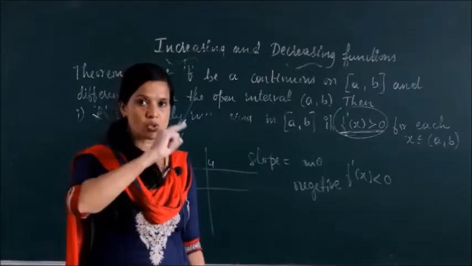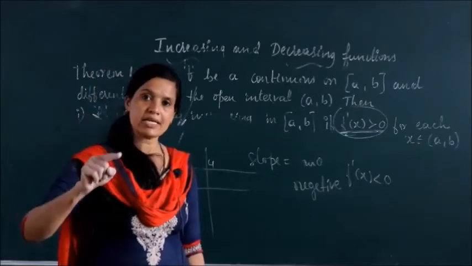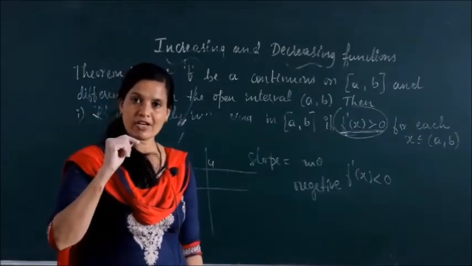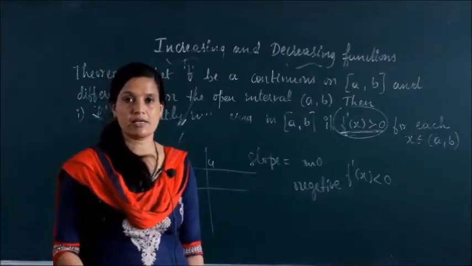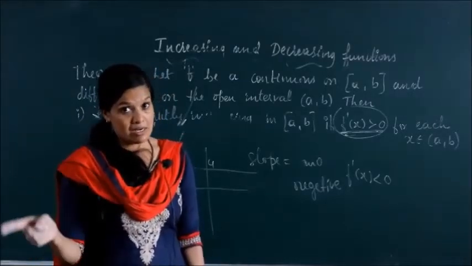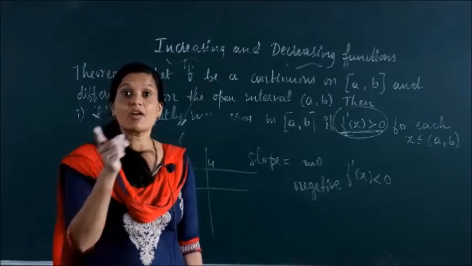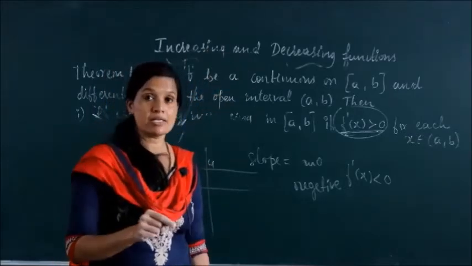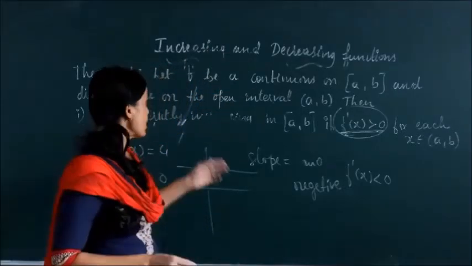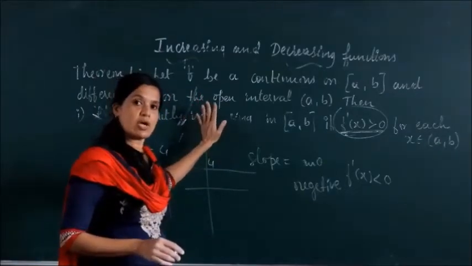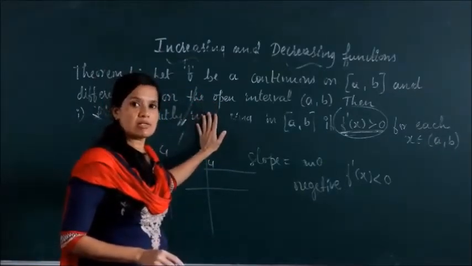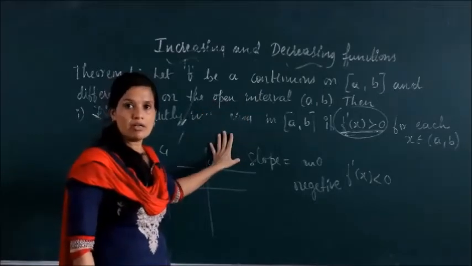If the function is increasing, then I cannot say that it is strictly increasing. So here we have proved that the function is strictly increasing or strictly decreasing, so I can say that the function is increasing or decreasing in the given interval.